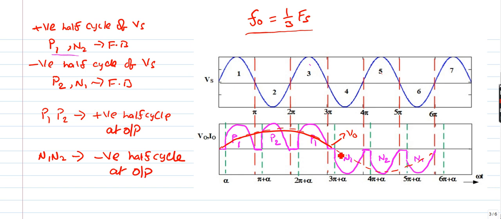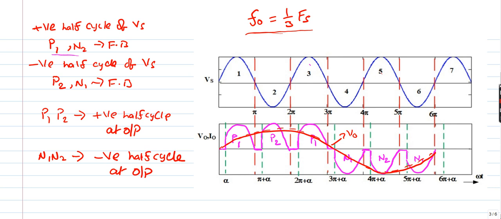So this is my requirement. The output frequency is 1/3 of the supply frequency, so the output frequency is less than the supply frequency.